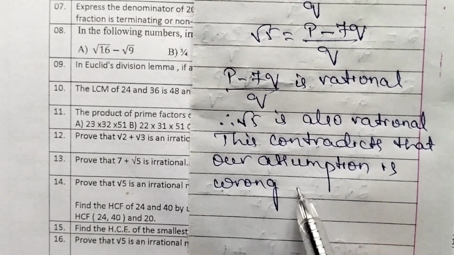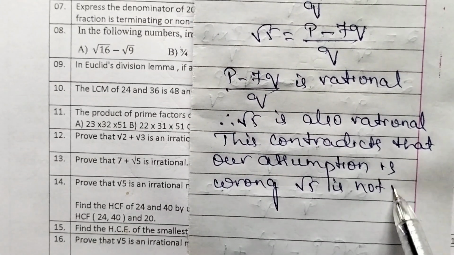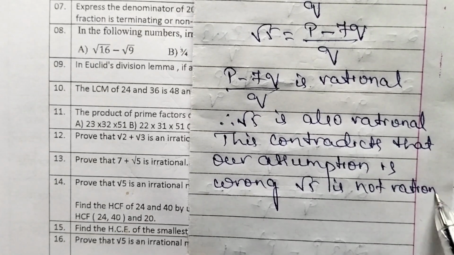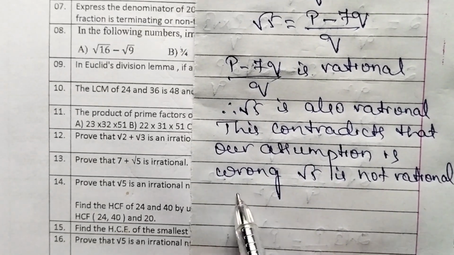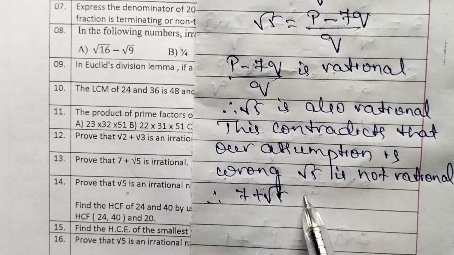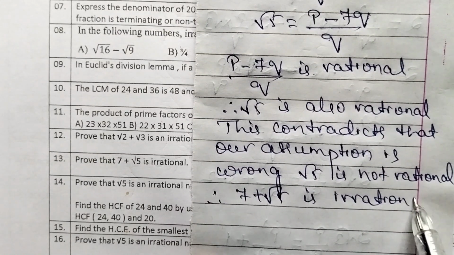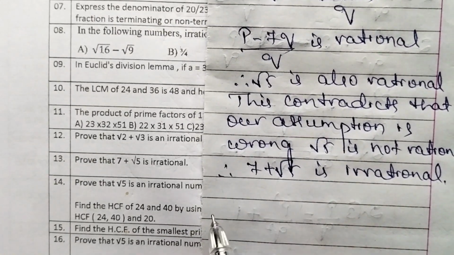Our assumption is wrong. So √5 is not rational. If √5 is not rational, then therefore 7 plus √5 is irrational. So like this we have to answer the 13th question.